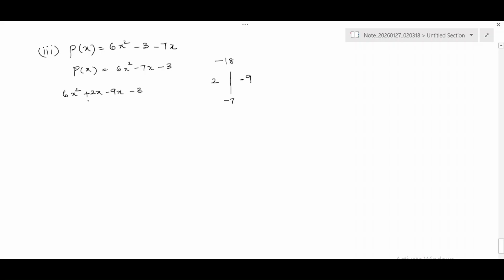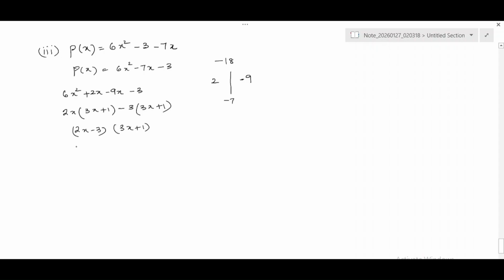So in these first two terms, 2x is common. So it is 3x plus 1. In these two terms, minus 3 is common. So it is 3x plus 1. So it is 2x minus 3 and 3x plus 1.